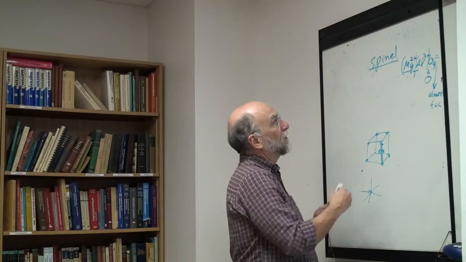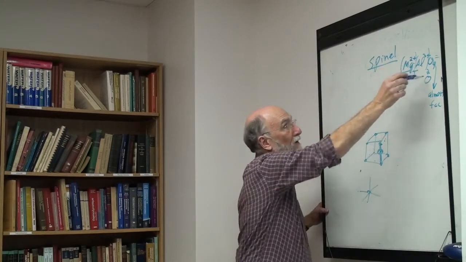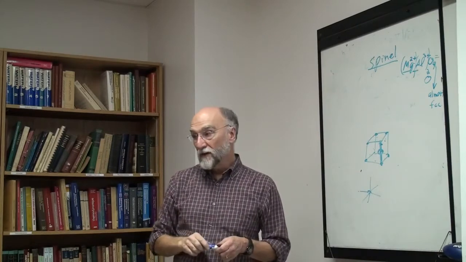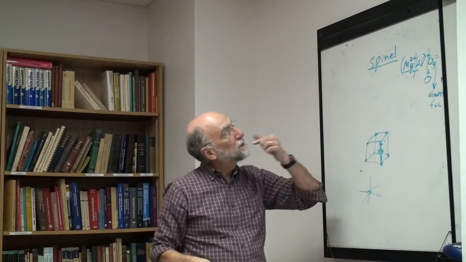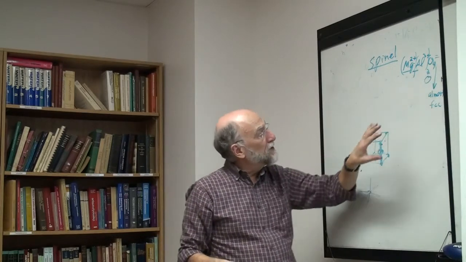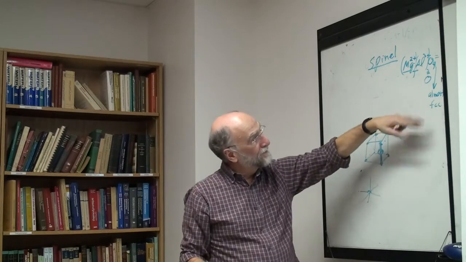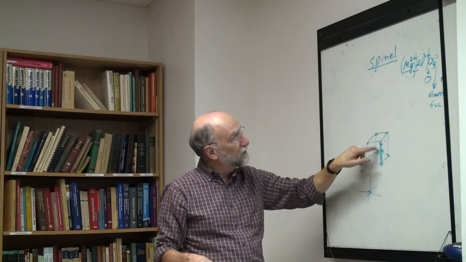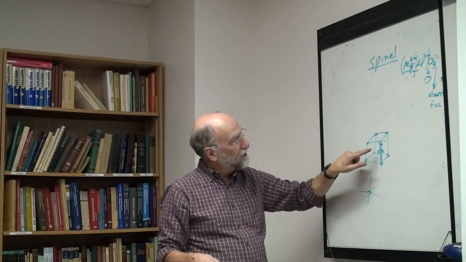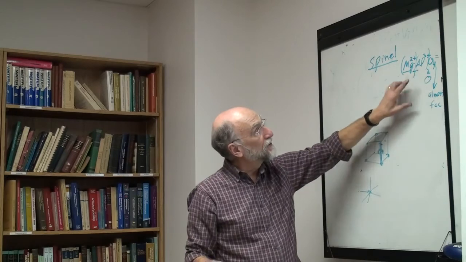So you have certain tetrahedral sites where you can put cations, and certain octahedral sites where you put cations. In the spinel structure you don't fill all the sites. In the unit cell, the oxygen sites are all filled.